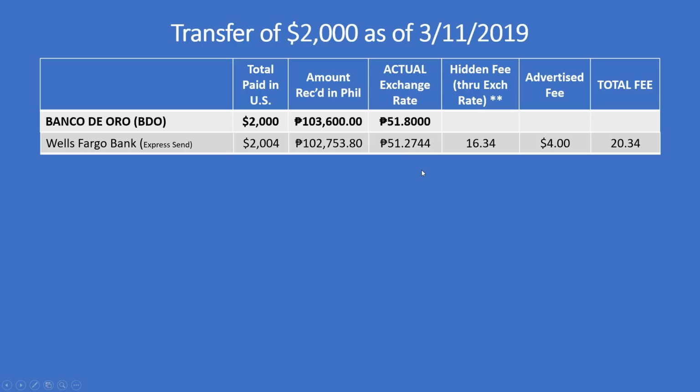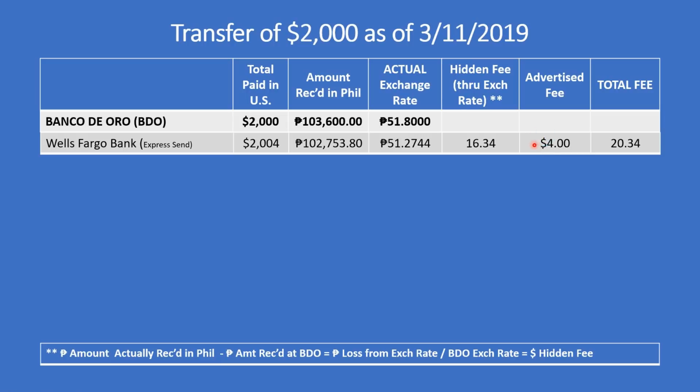Now, let me show you the arithmetic on how this is done. In addition to the $4 that you are paying the bank, take the difference between the amount you would have received if you sent the money to BDO and the amount of money you will receive under Wells Fargo. That will constitute the loss you have as a result of exchange rate difference.